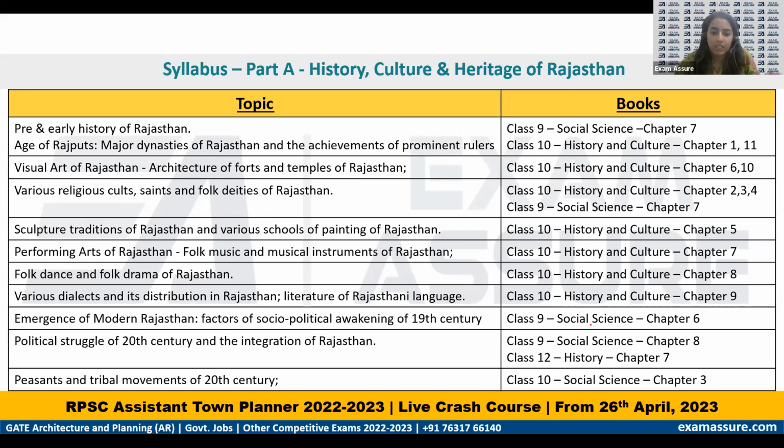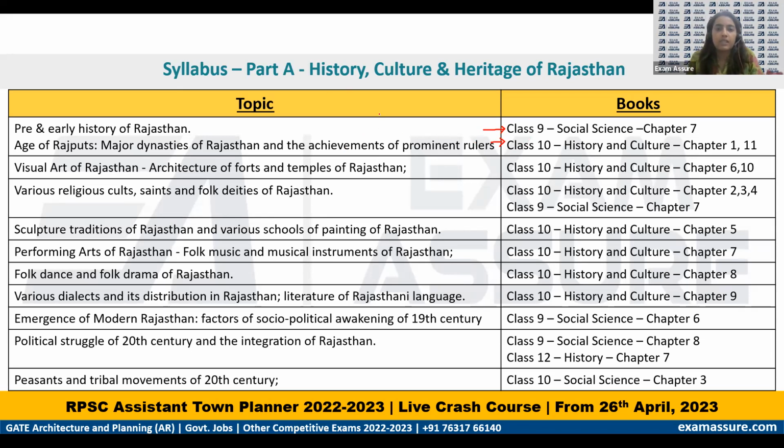Simply refer to the Rajasthan state government school textbooks that you might have used in school as well. What we have done here is segregate part A topic wise, showing which chapter from which book can be referred to by you to cover the topic.